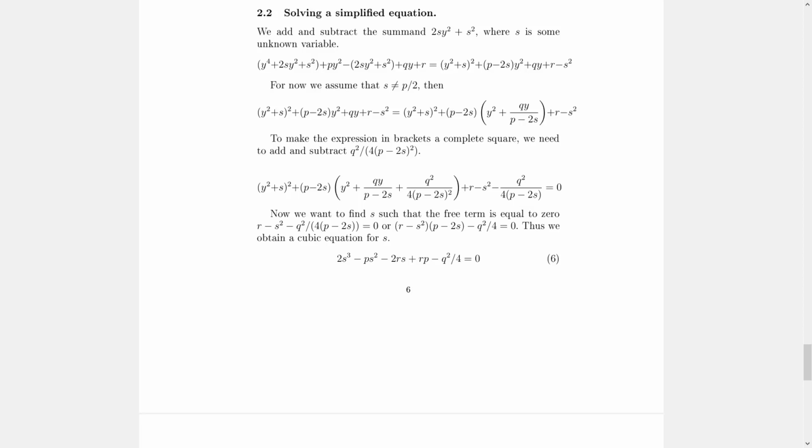For now we assume that s is not equal to half of p.